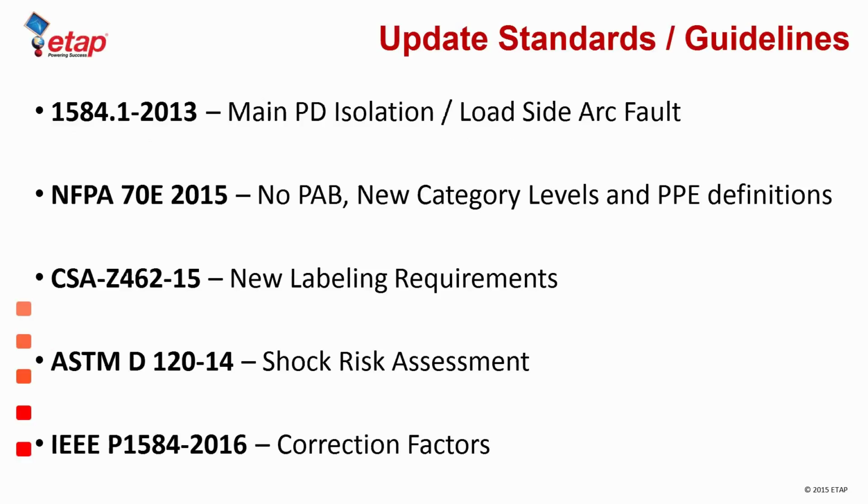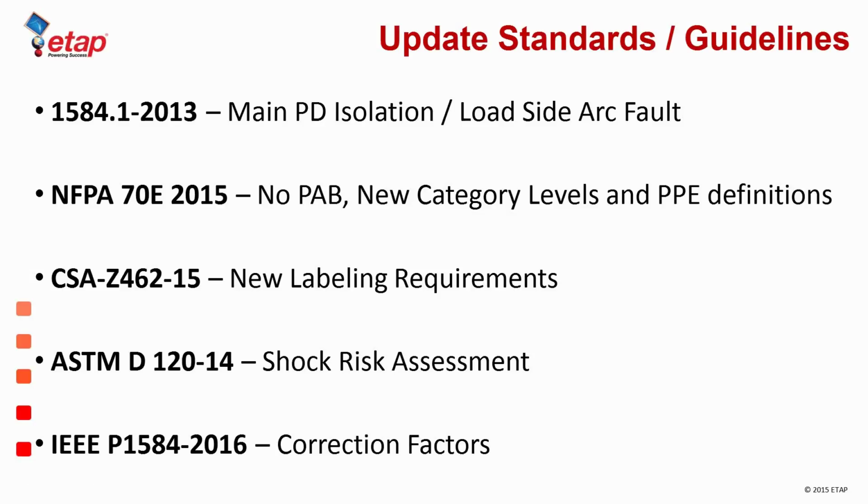For the Arc Flash guidelines, the IEEE 1584 guidelines have been updated and built into ETAP 14 as they apply to main protected device isolation and load side arc fault.